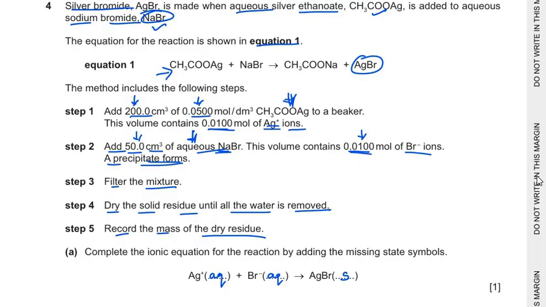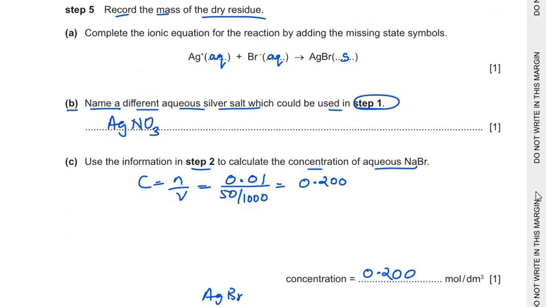Now if silver ions are 0.01 moles, then the silver bromide will also be the same, because the ratio of silver ions and silver bromide is 1:1. Whatever moles are limiting will form the same moles of product. The bromide moles we have calculated is 0.20, but that shows that it is in excess.